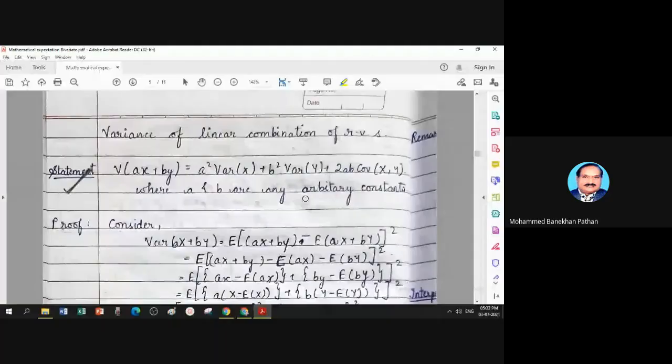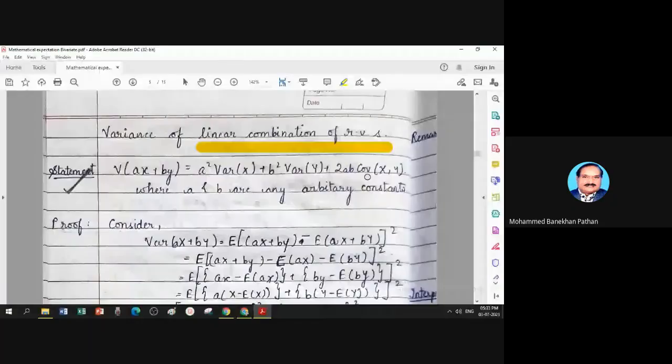So this is the statement which is called variance of linear combinations. This is very important to solve many types of MCQs.